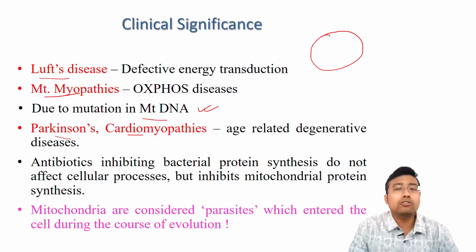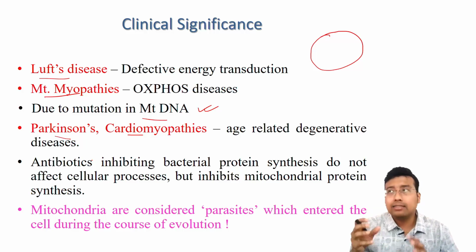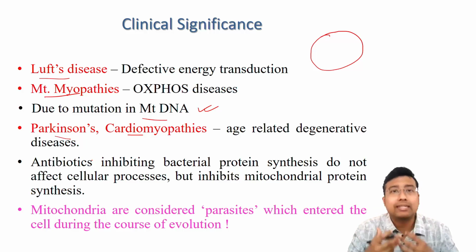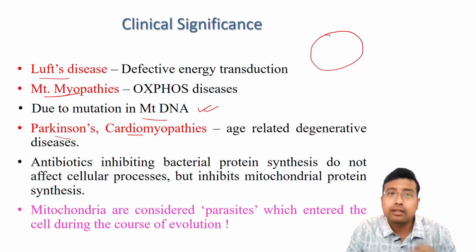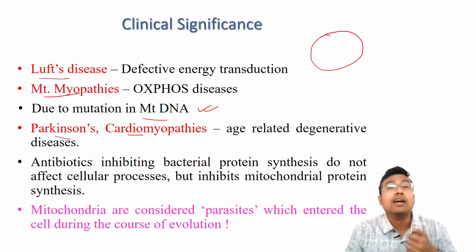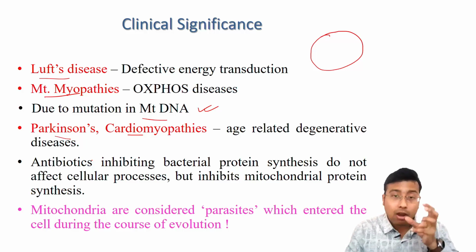Anyway, what happens when we consume antibiotics, that is the medicines which kill bacteria? They only stop prokaryotic replication, transcription, translation, the things that will be taught in future, but they have no effect on eukaryotic cells. It kills prokaryotic cells. However, remember, all antibiotics also attack mitochondrial genes.